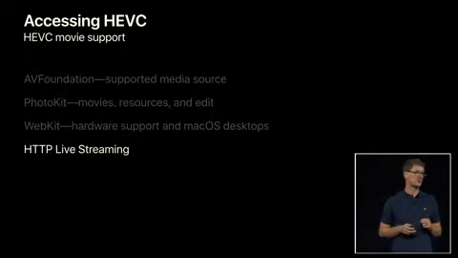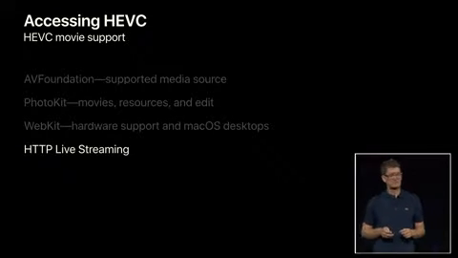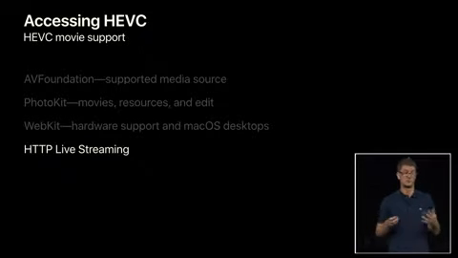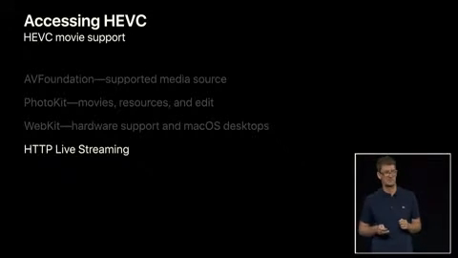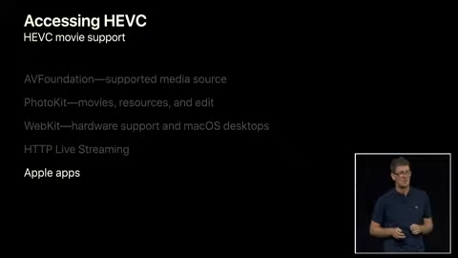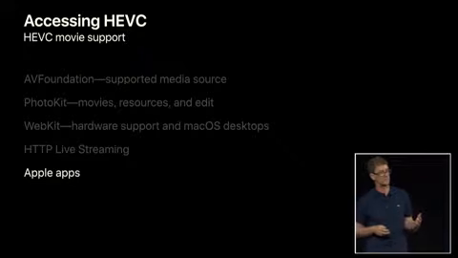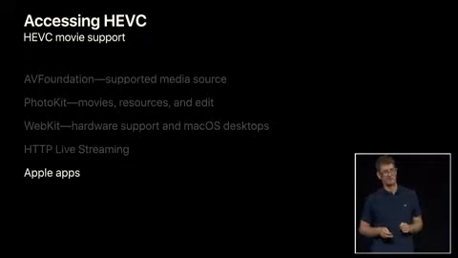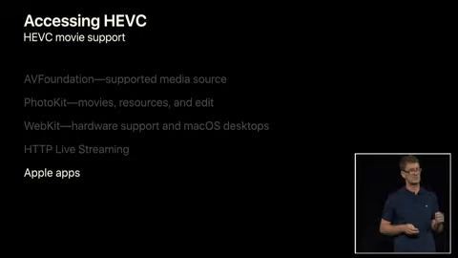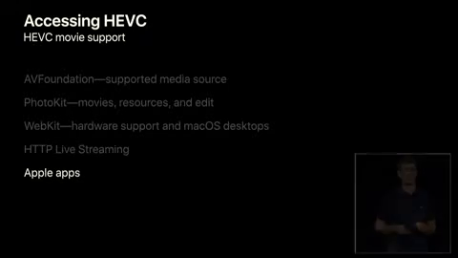There's also support to encode HLS streams using HEVC. This represents a great opportunity to improve network throughput. And in fact, the session directly after this is going to talk about this initiative in much more detail. Also, we have many Apple applications that will natively work with HEVC movies: QuickTime Player, Quick Look, Photos, but also FaceTime. And this is a great example of HEVC usage to greatly improve network throughput.